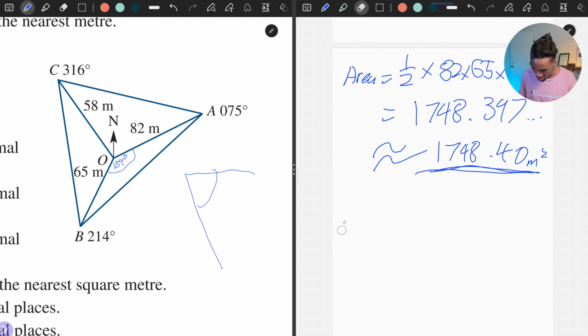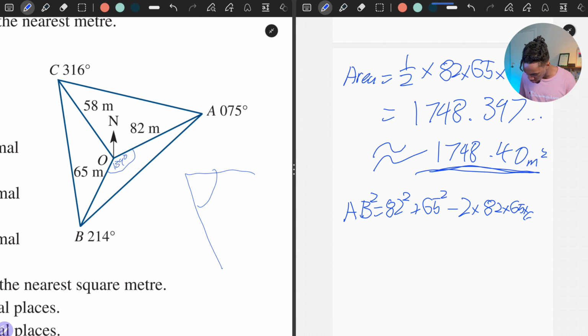So AB squared equals 82 squared plus 65 squared minus 2 times 82 times 65 times cos 139 degrees. And that equals 82 squared plus 65 squared minus 2 times 82 times 65 times cos 139 degrees.